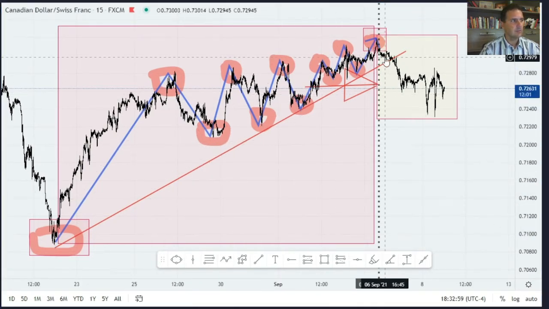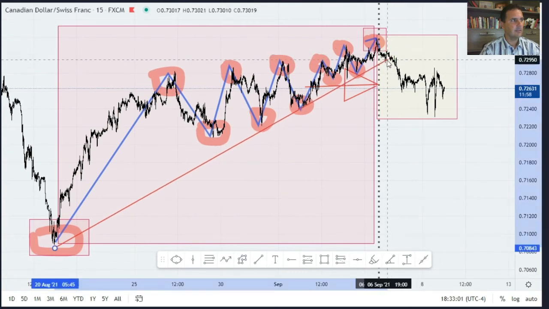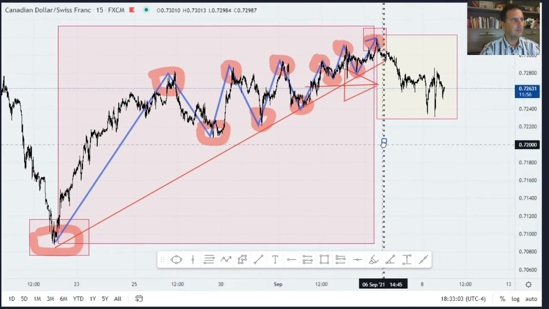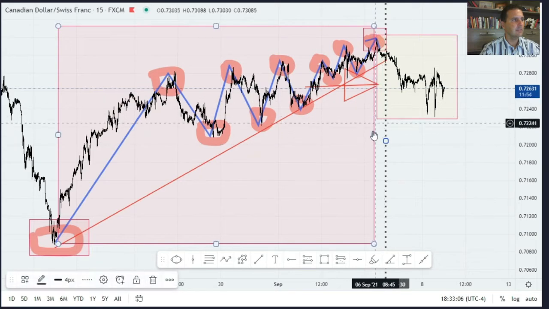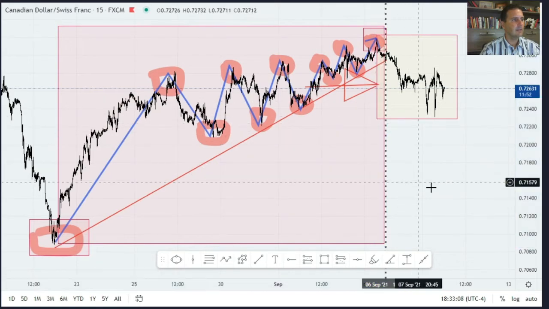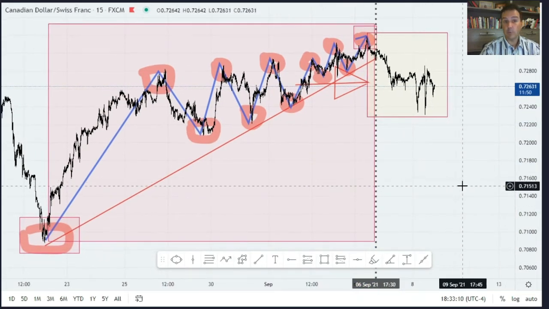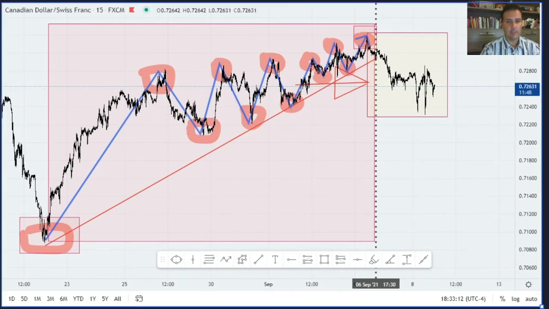So until the vertical line, this uptrend line confirms the uptrend. What about the right side from the vertical line?